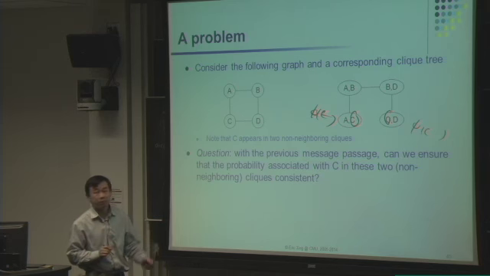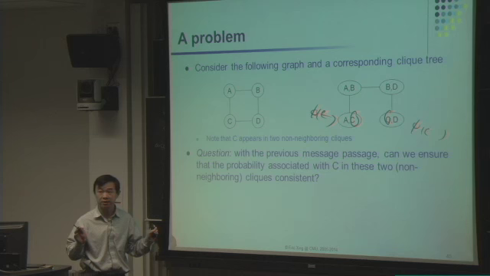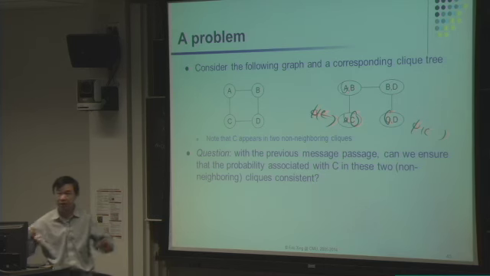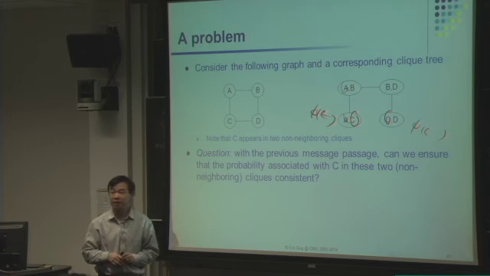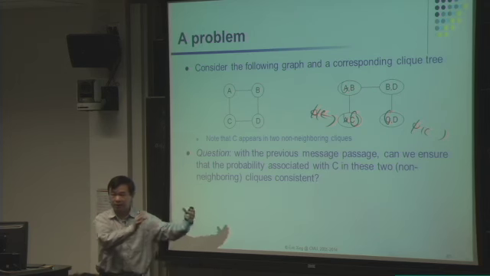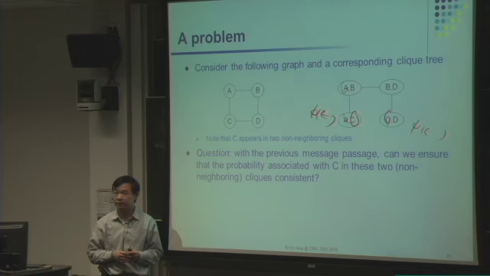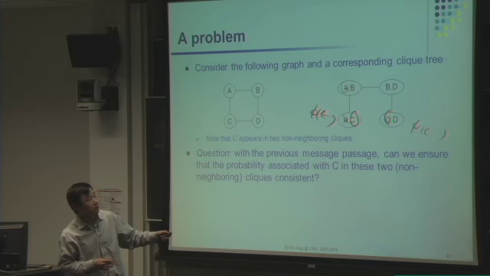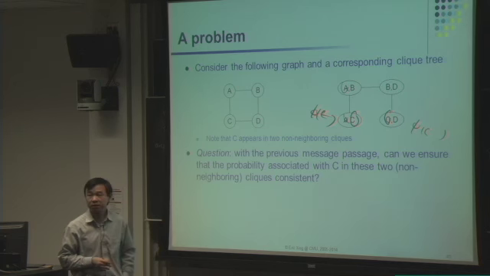this potential will be computed using the procedure I did before, which will ensure some local consistency. Local consistency means that, say, if I have an A here, I have an A here, they're going to lead to the same marginal, okay, using each different potentials. But strangely, I have a C here and here, which is not subject to such constraint, right?